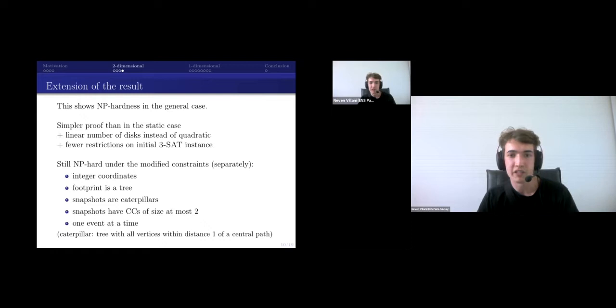So even by restricting the coordinates, the problem remains hard. Restricting the footprint can only go as far as the static case can. Restricting the snapshots is basically useless, since even with just connected components of size 2, the problem remains hard, which you can interpret as the ability to simulate very complex structures from very simple snapshots by alternating which links are active at consecutive instants.